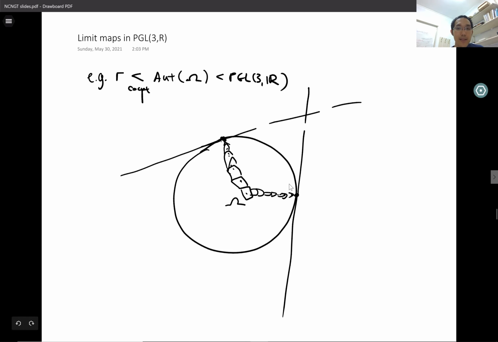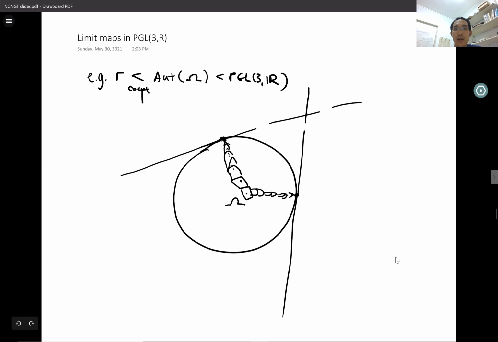And then the transverse condition in this case says that if you have two distinct boundary points, the limit projective point at one, which represents a line, is not contained in the limit projective line at the other. So the hyperplane that the projective line represents is transverse to the line which the projective point represents.